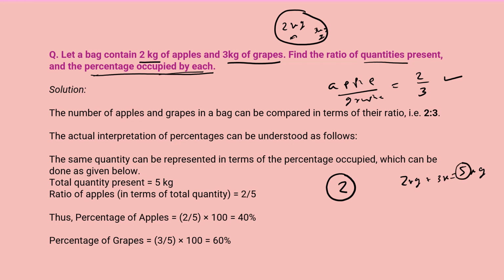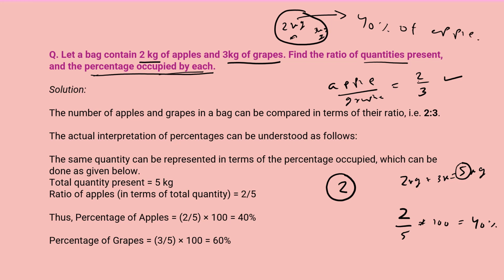Out of this 5 kg, 2 kg is apple. So how will we calculate the percentage? We will divide this 2 by 5 and then multiply it with 100. So this comes to be 40 percent. So the bag is filled with 40 percent apple.